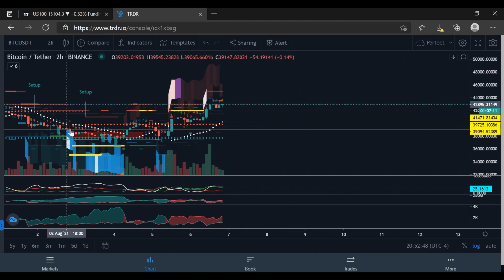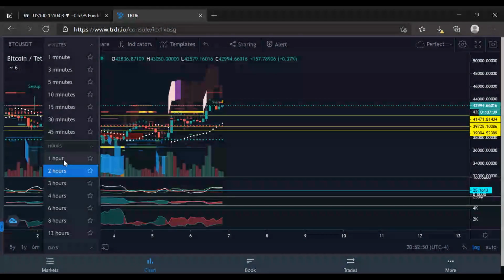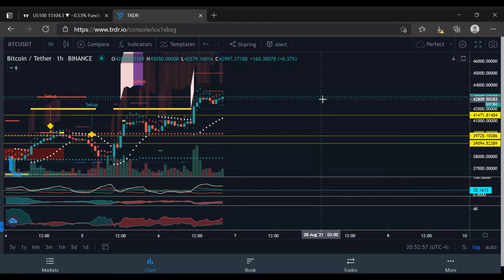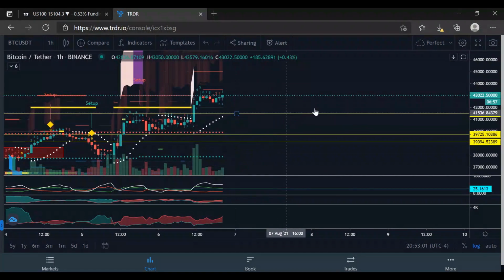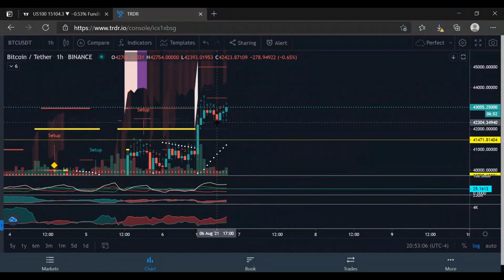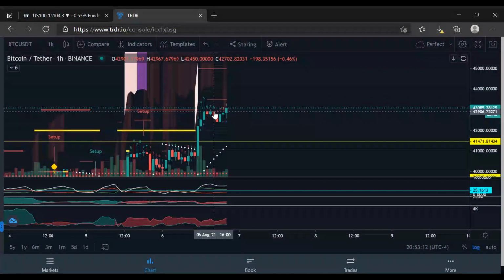The 1 hour says it could continue up if that closes in 7 minutes. 1, 2, 3, 4. Oh, it actually has to close up where it's at now. It has to close above this 8 candle, above 42,900.